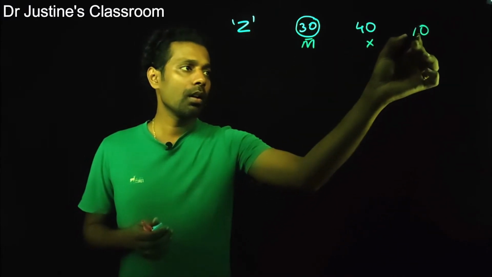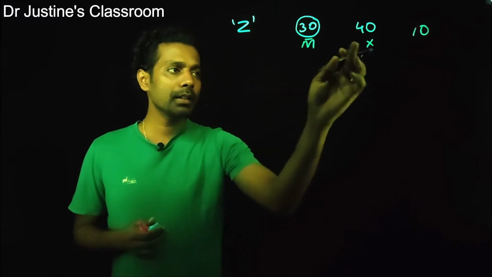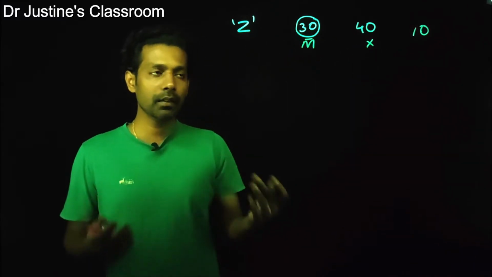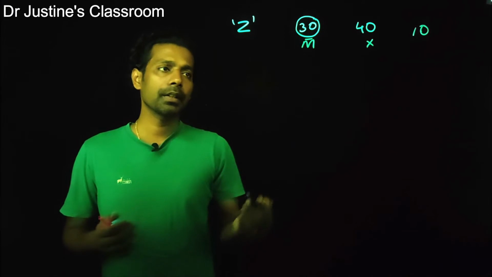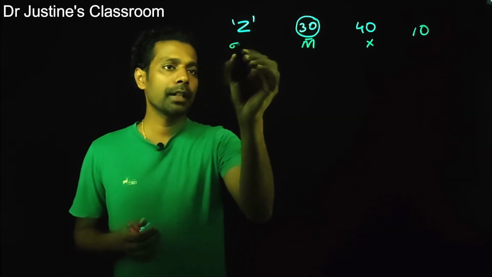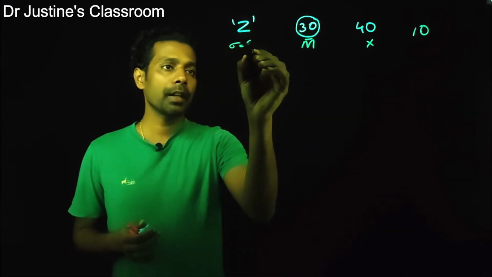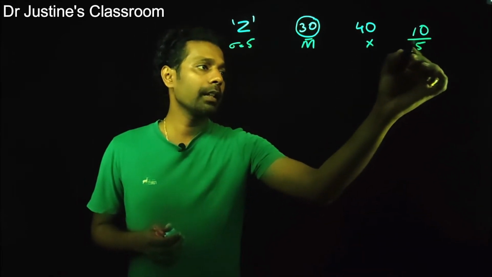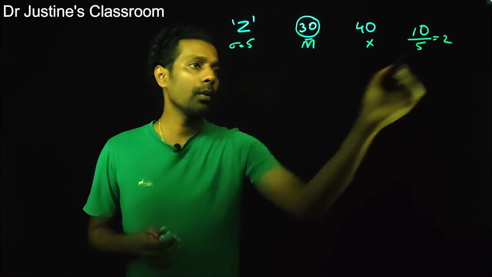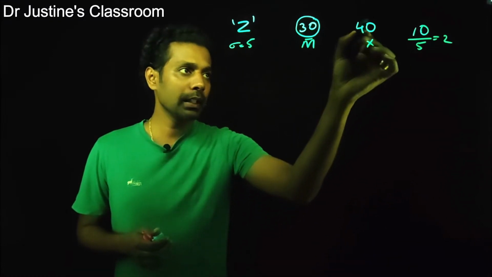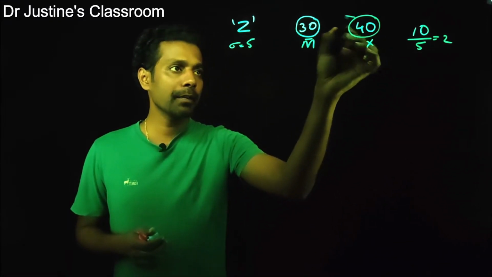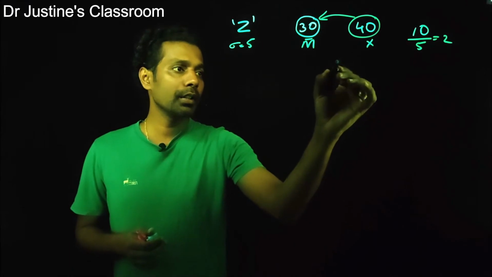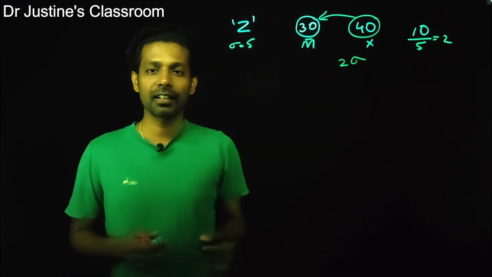Now the z value is how much this deviation is in terms of standard deviation. For example, the standard deviation is 5. Now this 10 divided by 5, that is 2. Now I would say the value 40 is deviated from the value 30 in 2 standard deviation level.